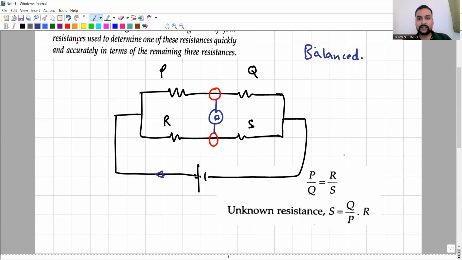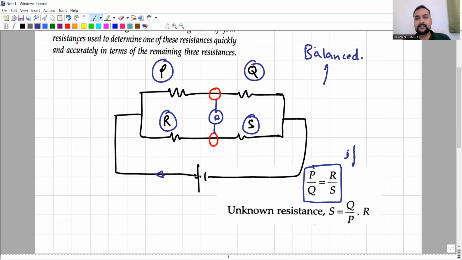Now look here very closely. These four resistances P, Q, R, S will be in the ratio P by Q is equal to R by S. But it is only going to happen in the balanced condition, when the current is not flowing between these two points.